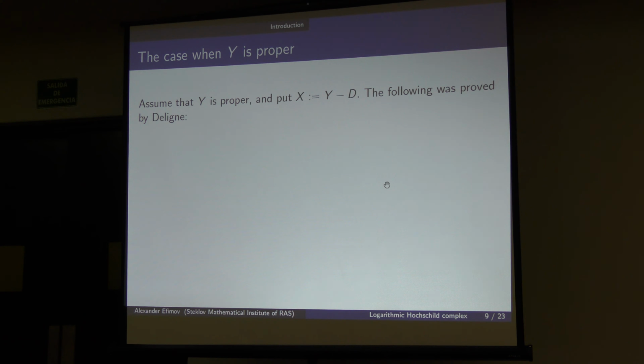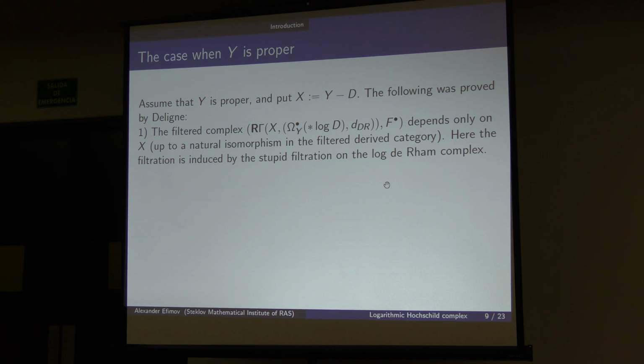Now let us assume that our ambient variety is proper, and the complement of the divisor is denoted by X. Then the following statements were proved by Deligne. First, if you take R gamma of this logarithmic de Rham complex with this stupid filtration, so you have an induced filtration on R gamma, this invariant depends only on X. It doesn't depend on the choice of a complexification.